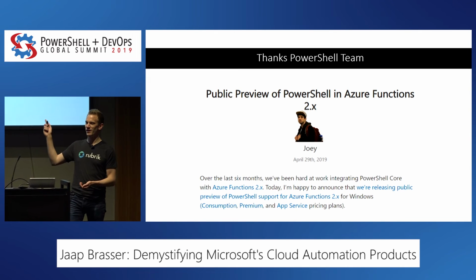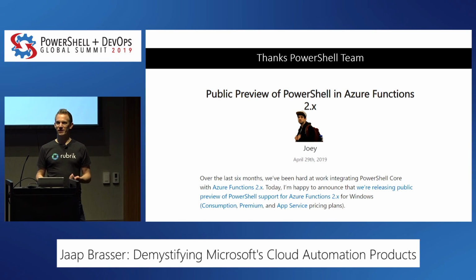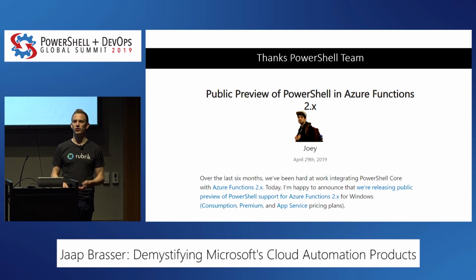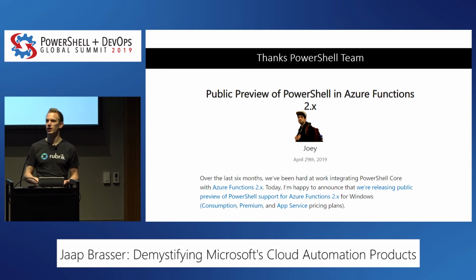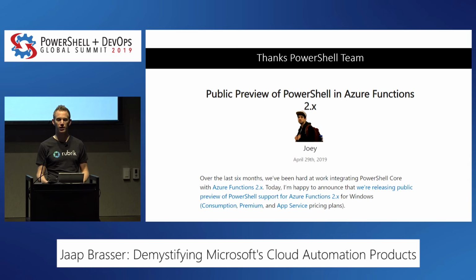Well, our good friend Joey wrote a blog post about this, and in this blog post there's a lot of examples available and links to the documentation of how you can set this up. What I'll do here, I have 7 minutes left, is I'll jump into VS Code and I'll show how we can actually create our first Azure function directly from VS Code.